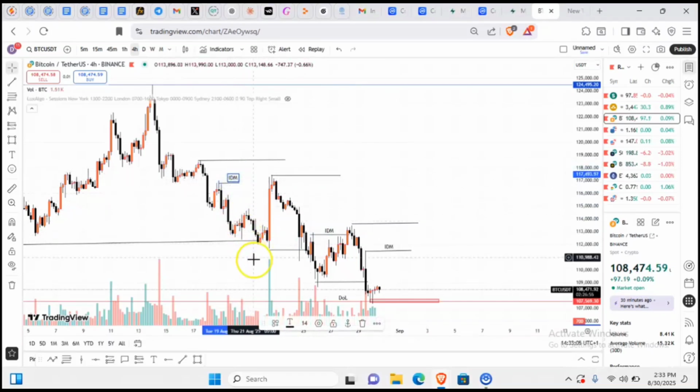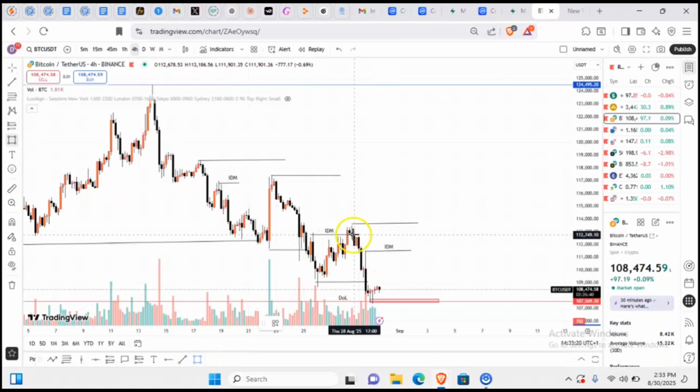Okay, right, all of these are equal lows, equal lows, equal lows, equal lows. And these are protected high, protected high, protected high. Now, what do you see after IDM? We notice that there is a POI here. This is on the 4 hours time frame. There's a POI here. There's a down liquidity here.